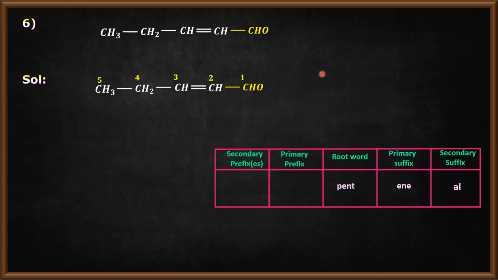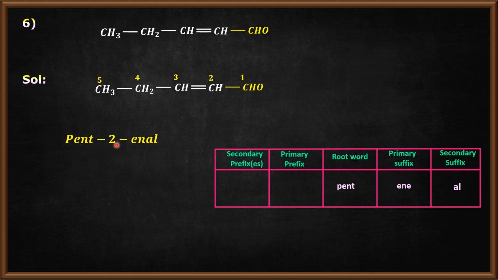And the name of this organic compound is pent-2-enal. Here the e from the primary suffix is dropped because it is followed by a secondary suffix beginning with a. For that reason 2-enal.